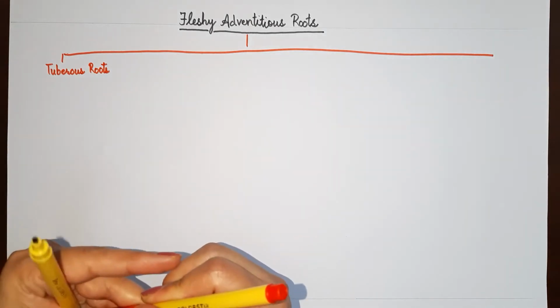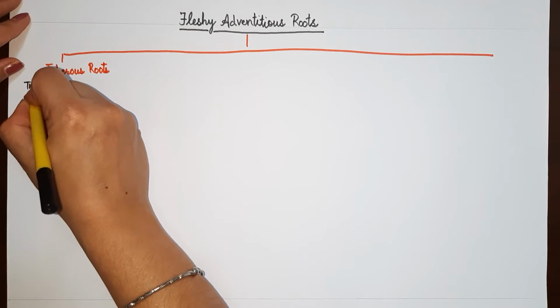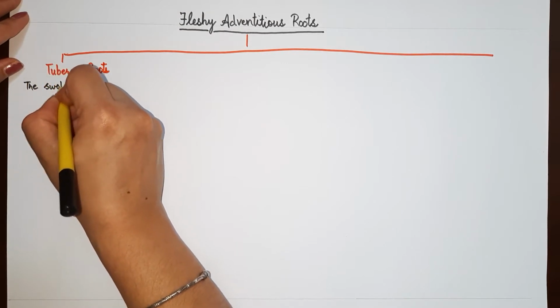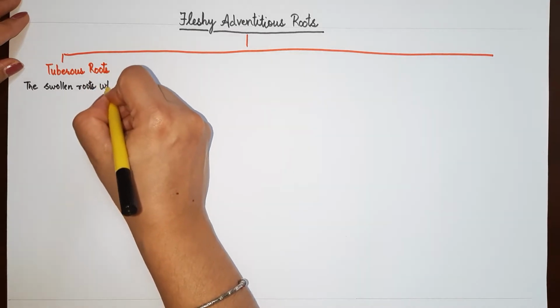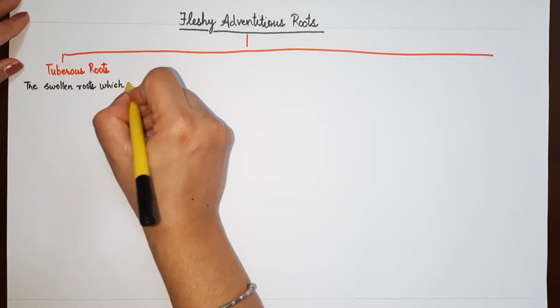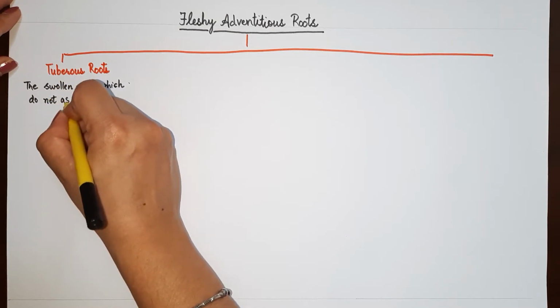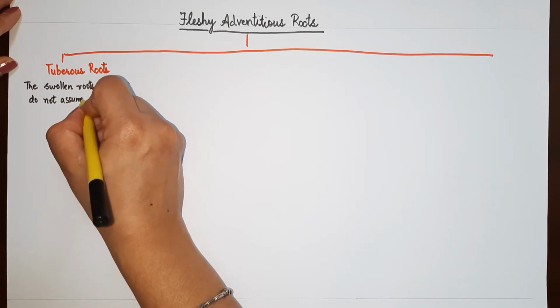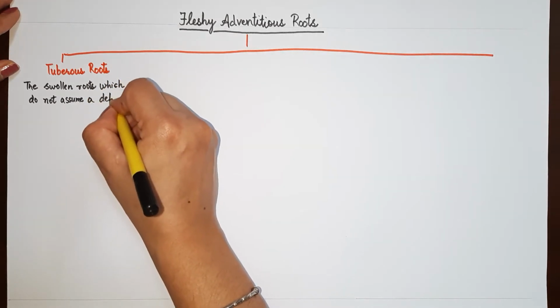Now what are tuberous roots? These are the swollen roots which do not assume a definite shape.